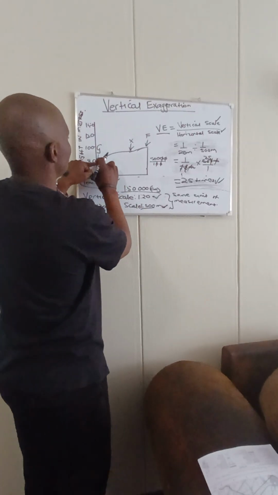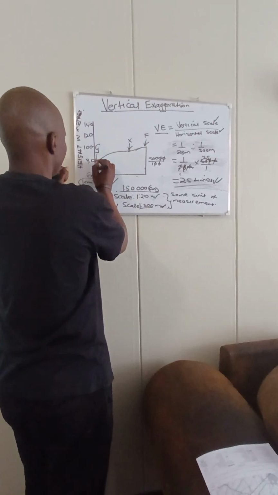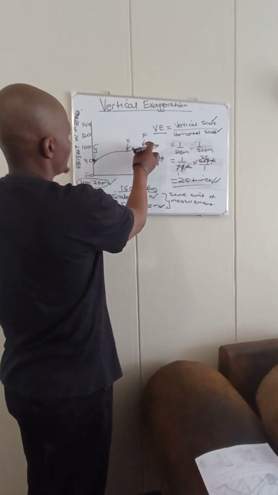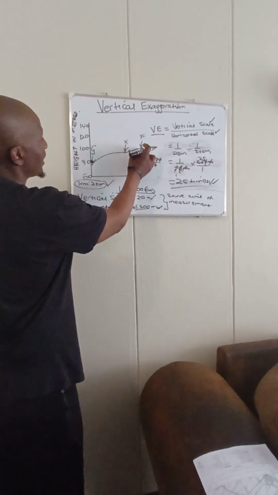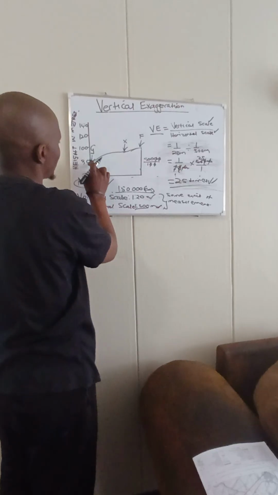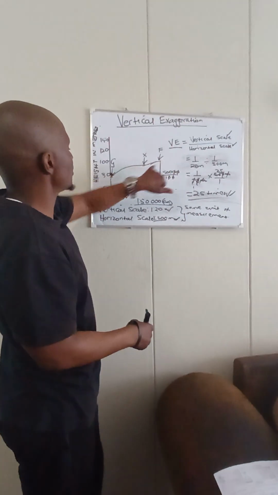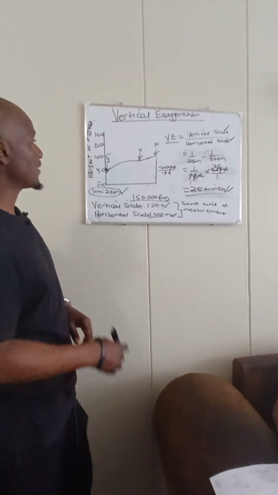You can't see G from F. Remember, G is here, in a depression. Here is where your F is. If you are at point F, you cannot see here because it's far below. You can see there is obstruction, which means there is no intervisibility.